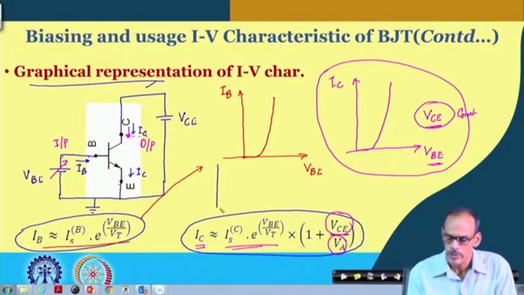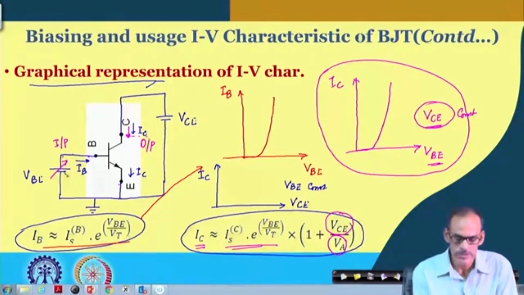So, how do you represent that? If we plot IC as a function of VCE, keeping VBE constant, which means that we are keeping this voltage constant, we are simply varying this one, and then we are observing the collector current.